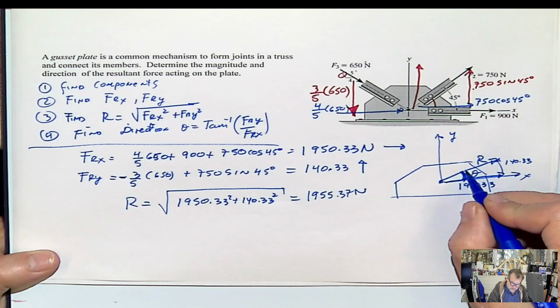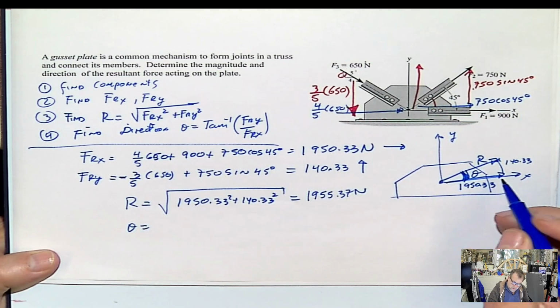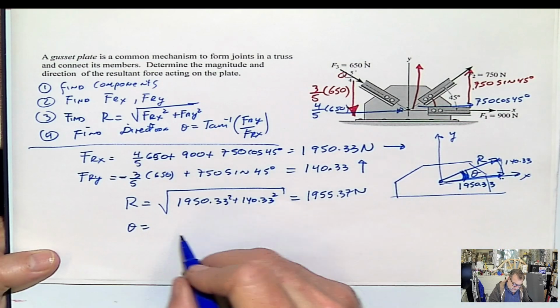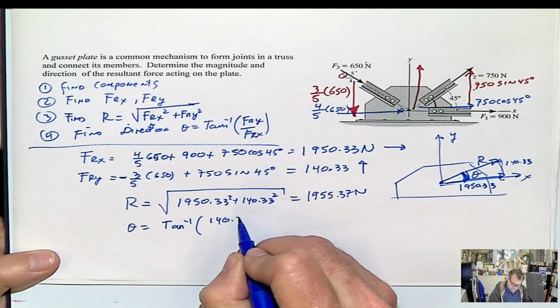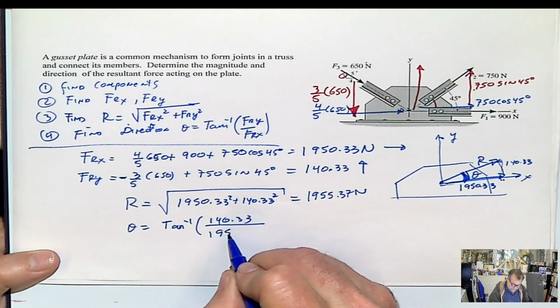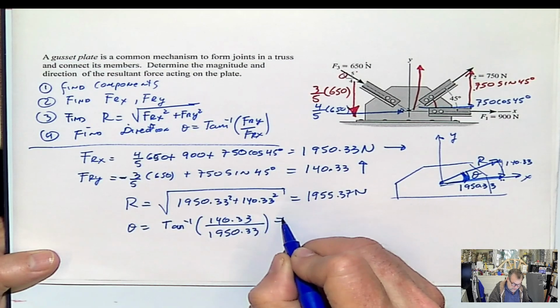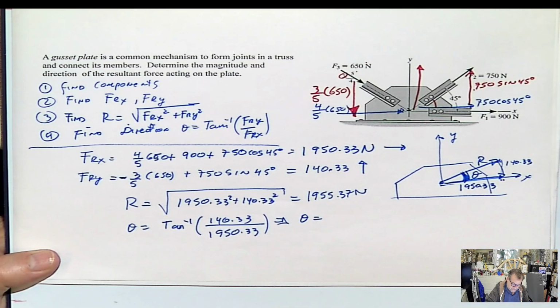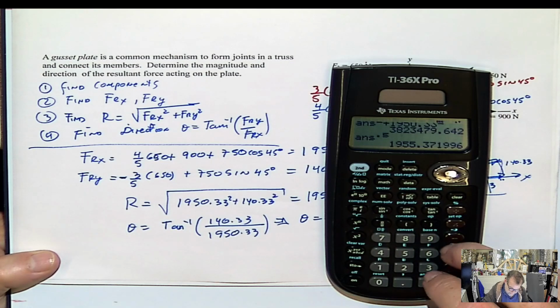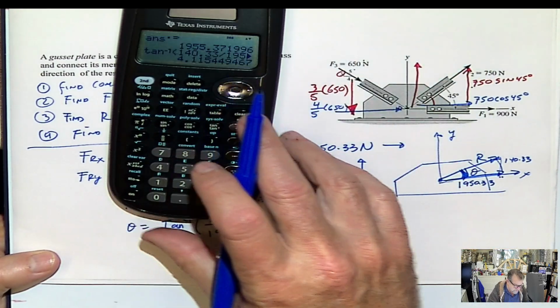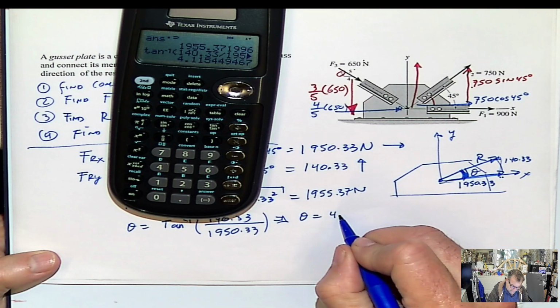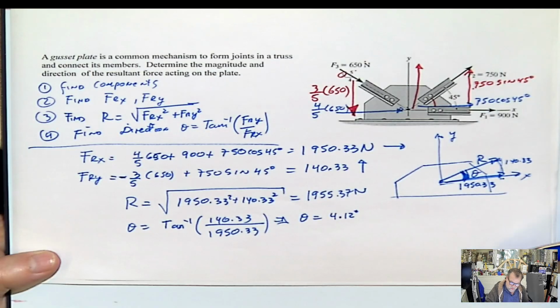If I want to calculate this angle, I can do inverse tangent of this divided by this. Let's see, inverse tangent of 140.33 divided by 1950.33, and that will be an angle of 4.12 degrees.